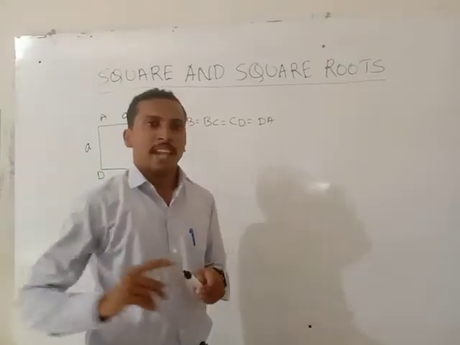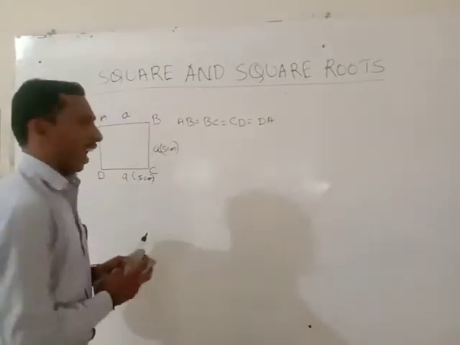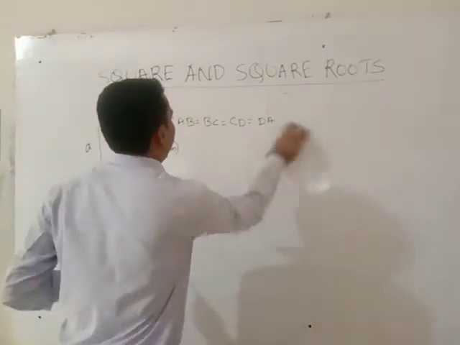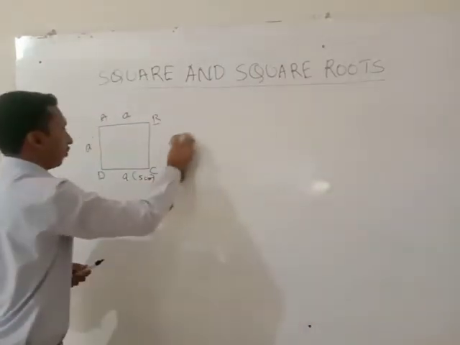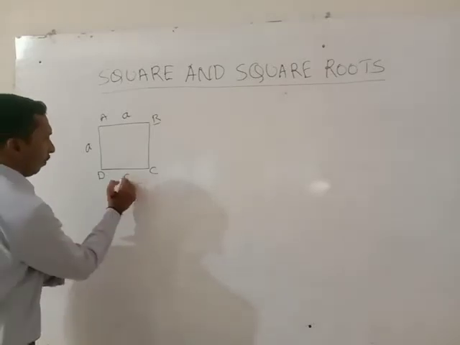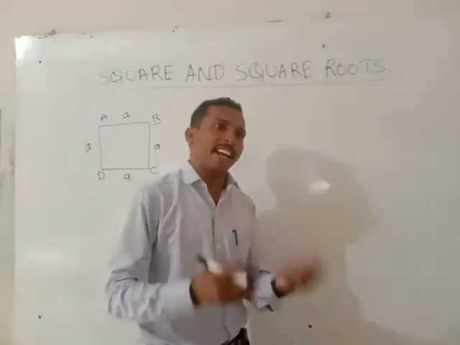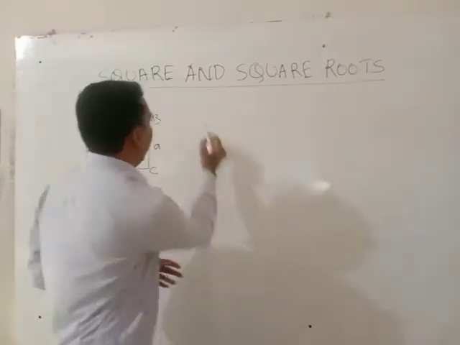Now, can you tell me how to find the area of the square? Students, what is the formula to find the area of a square?